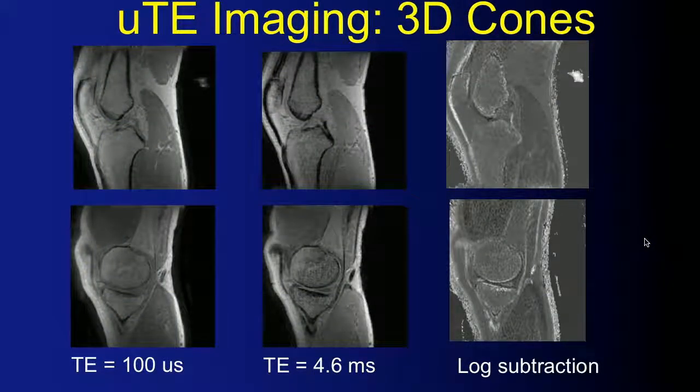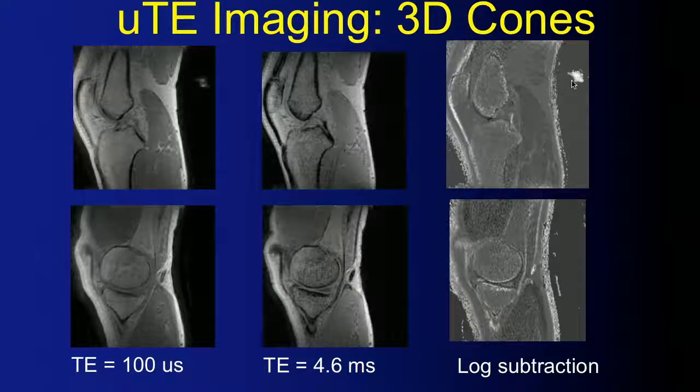UTE imaging is another area that could benefit greatly from 3D and has in recent years. A 3D conical acquisition is more recent in UTE imaging than the prior half pulses that were used in the initial scanning. Here you even see some signal posterior to the joint out in the air here. This is plastic in the coil that's generating some MR signal.